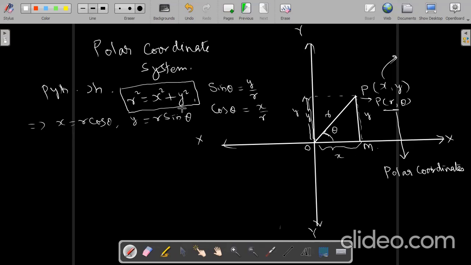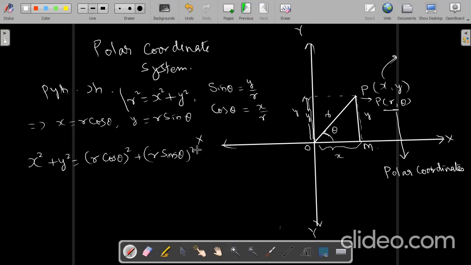You can see that x square plus y square is equal to r cos theta whole square plus r sin theta whole square.